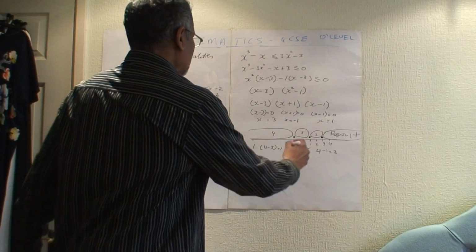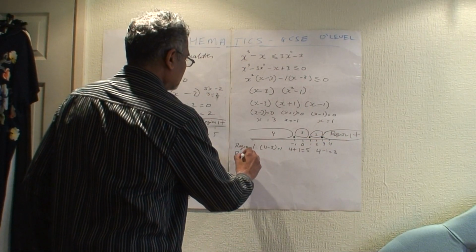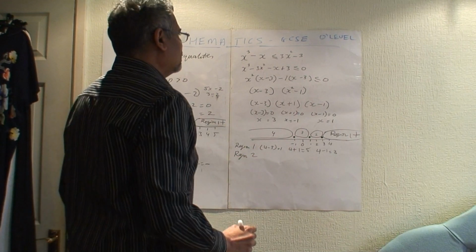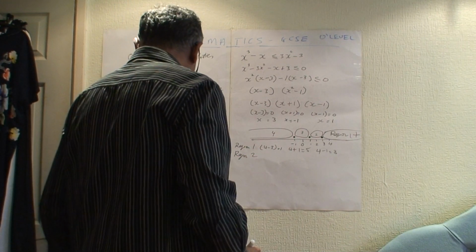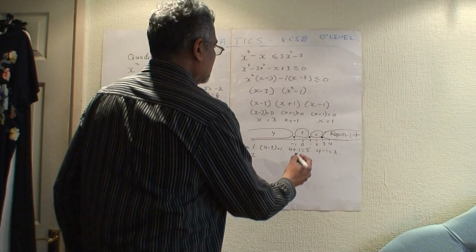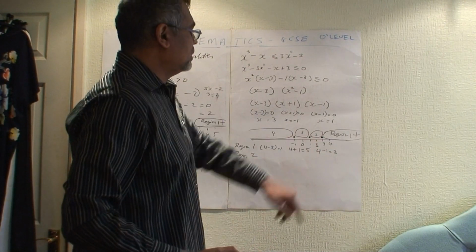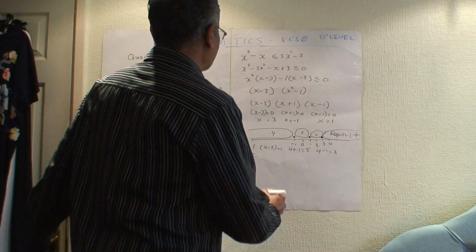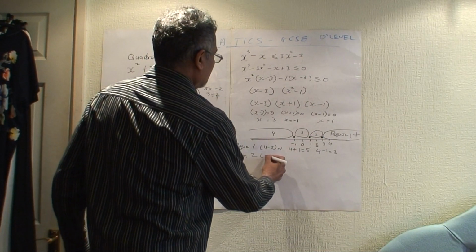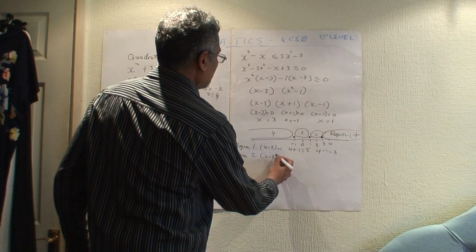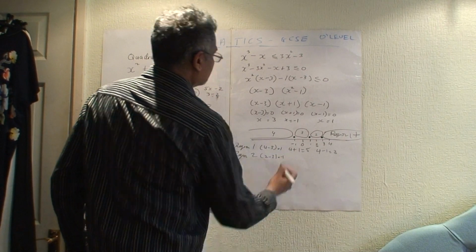Region 2. We do the same for region 2. We can look at 2 here, which is in the middle of region 2. So 2 minus 3 is equal to minus 1.